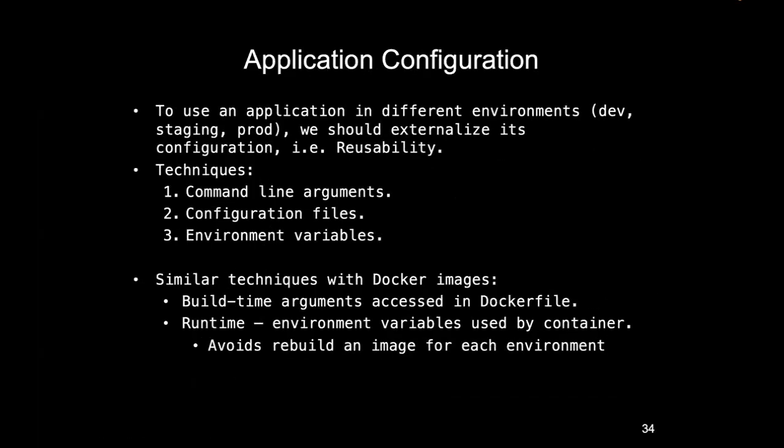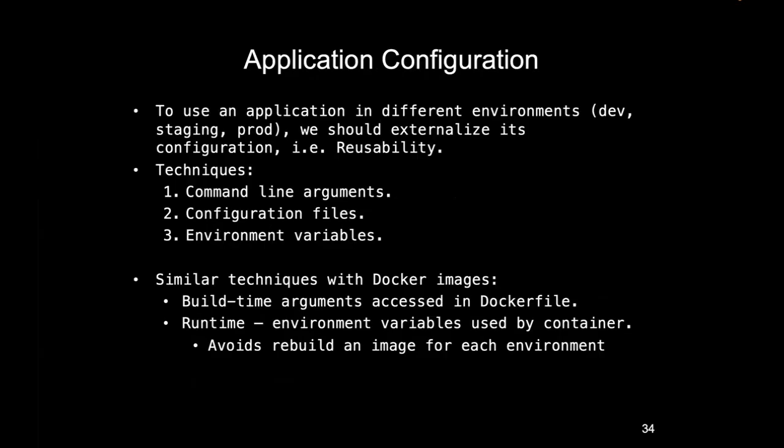So what I want to look at today is application configuration. This slide is just talking about this area in general, and we know that it's a good idea just from a software engineering perspective. It's a good idea to externalize any configuration settings for an application, so that you can use that application in different environments.